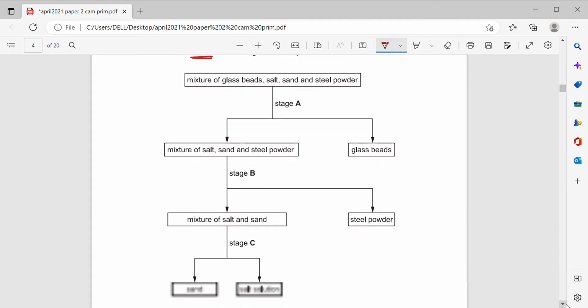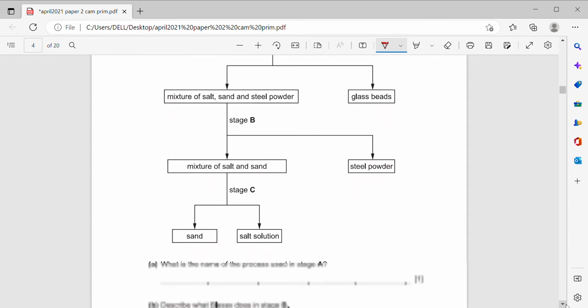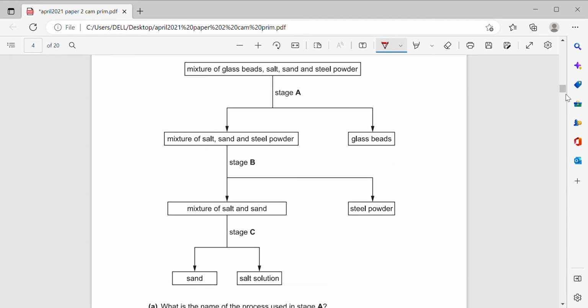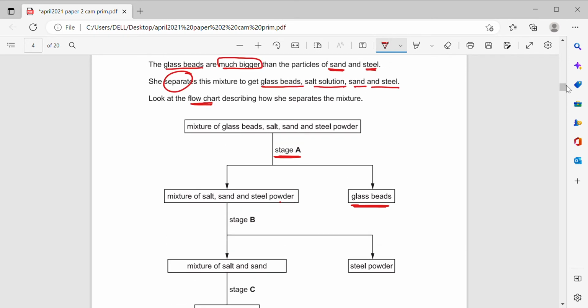So we have here what? Glass beads, salt, sand, steel powder. She did stage A. She got the glass beads. She got the mixture of salt, sand, steel, and powder. What's specific about the glass beads? She said they are much bigger.